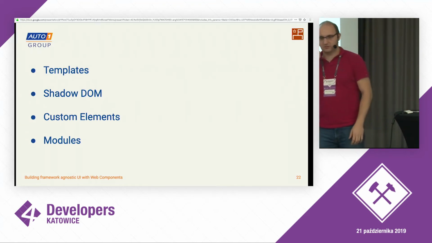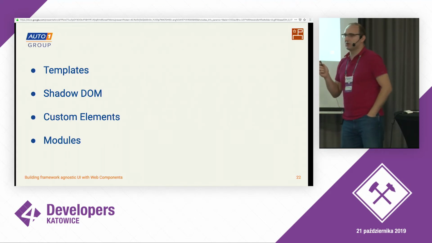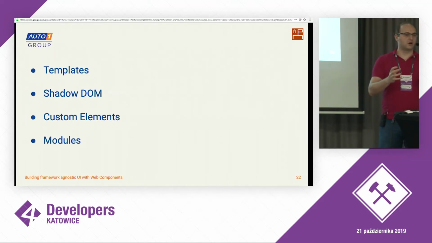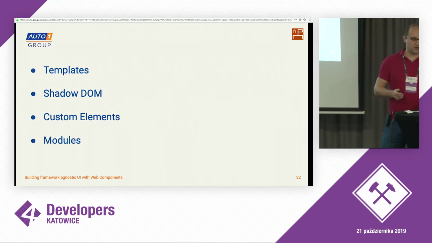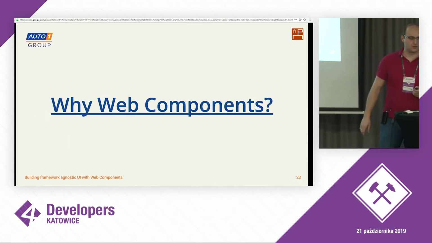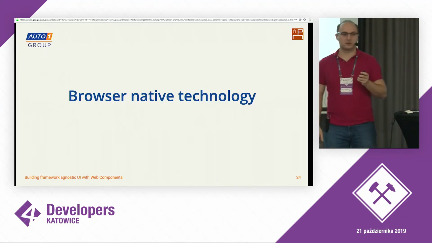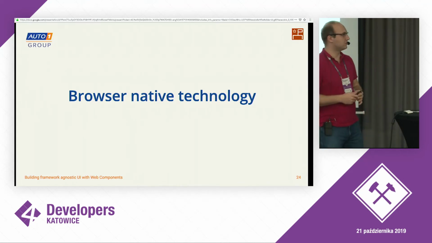Web components consist of templates, shadow DOM, custom elements, and modules. This set of technologies allows you to create cool UI that can be reused in many places, no matter the framework. You will see later how it goes. Why web components? Browser native technology. So if your target is to use modern browsers, then you are good to go.